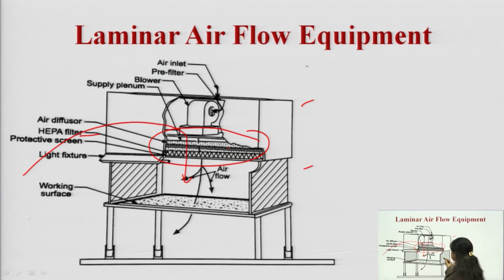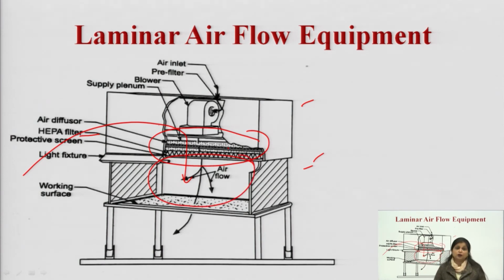The flow may differ, but whatever air comes into this unit has to pass through the HEPA filters, the high efficiency particulate air filters. When that air passes through, it will be filtered, removing all the dust particles and all the microorganisms from the air, and then it will flow into the cabinet in which we want to work.